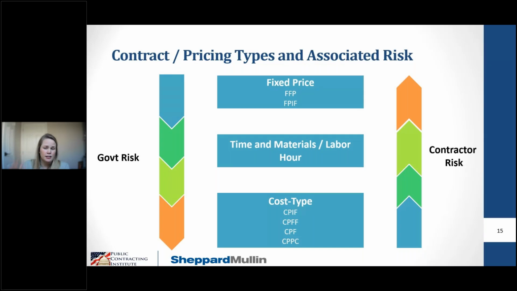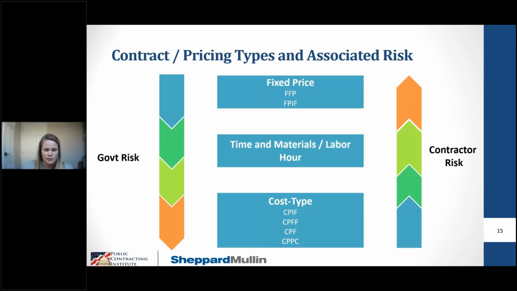In the middle, we have time and material or labor hour contracts. So these are used basically when it's not possible at the time of contracting to establish accurately the extent or duration of work or the anticipated cost with a reasonable degree of certainty. Typically, the contractor and the government are negotiating a fixed hourly rate that the government's going to pay for labor, and then the government will also pay for materials used in performance.